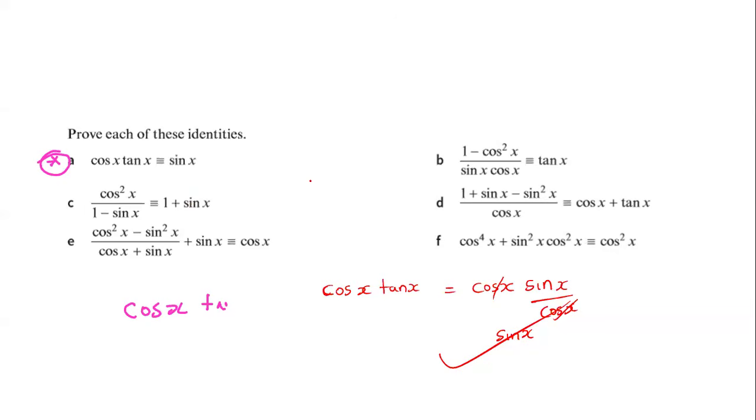Azri, okay, Kayondo. So part B, we are having (1 minus cos squared x) over (sin x cos x), which is equal to tan x. So we are starting from the left-hand side, where 1 minus cos squared x is equal to sine squared x.